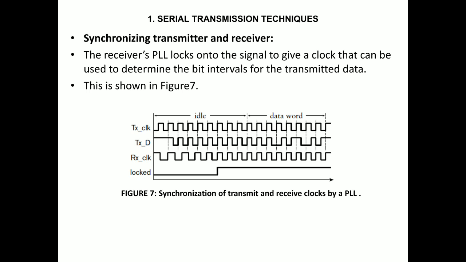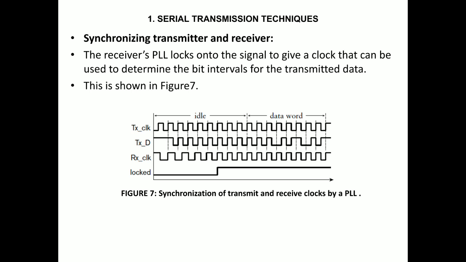Why do we need to determine this? Because we are combining the data signal and the transmitter clock signal and transmitting them together. So the receiver will not be receiving the original data, it will be receiving a combination of the transmitter clock and data signal. This PLL is associated with the receiver circuit.